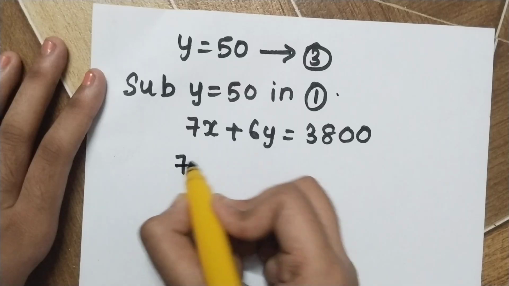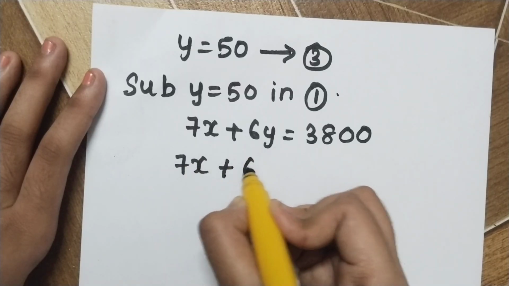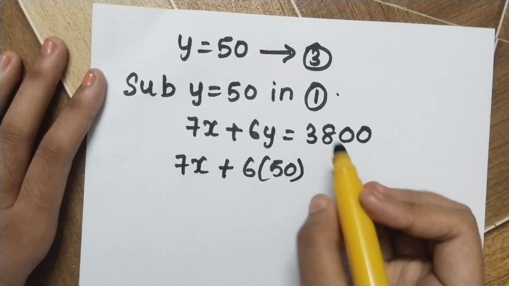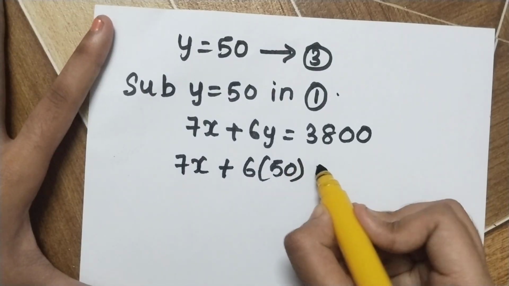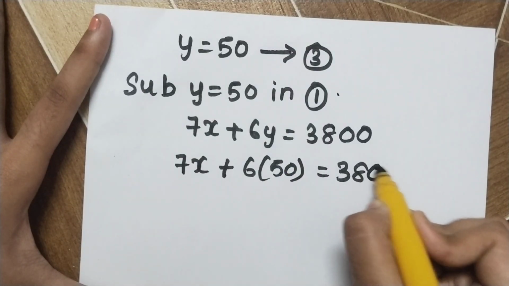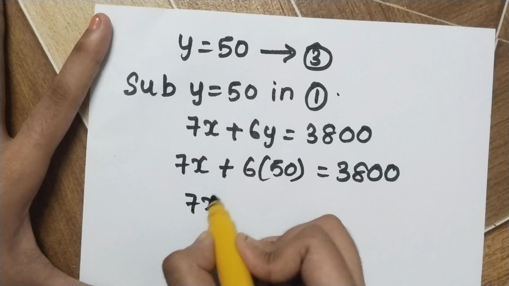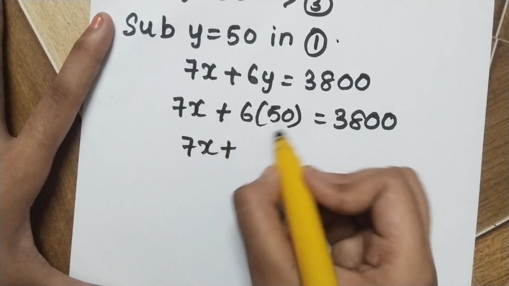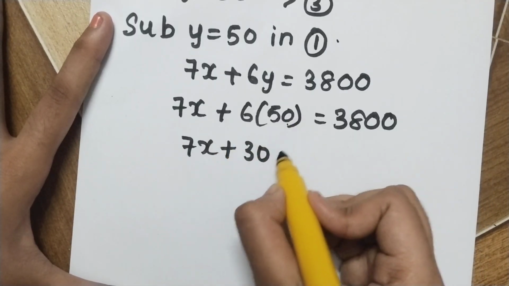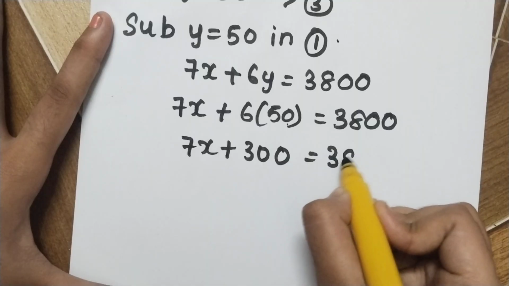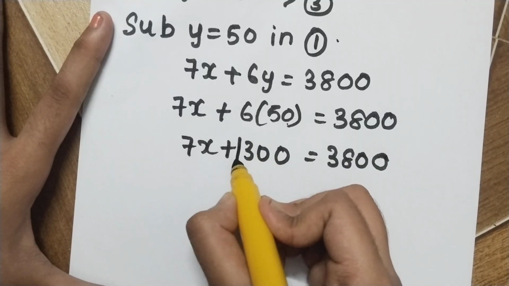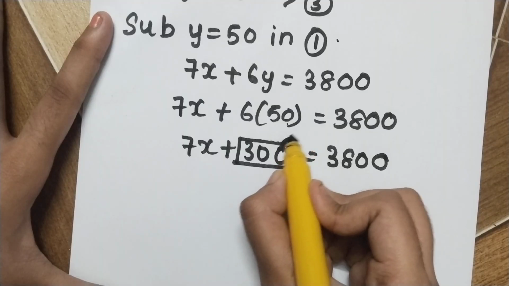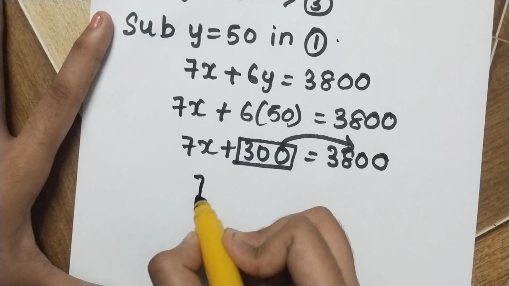7x plus 6y is equal to 3800. So 7x plus 6 into 50. So instead of y, I'm going to substitute this value. Okay. So 3800. So 7x, 6 into 50 is 300. So now I want only my x value. So I'm going to shift this to RHS side.